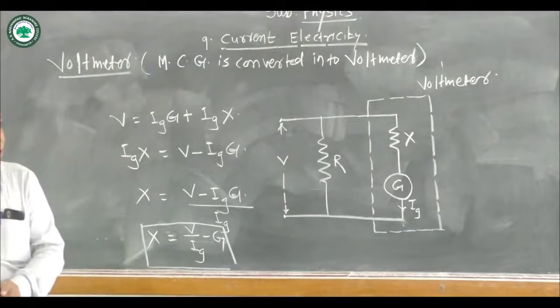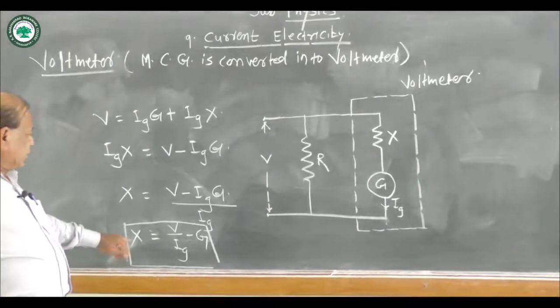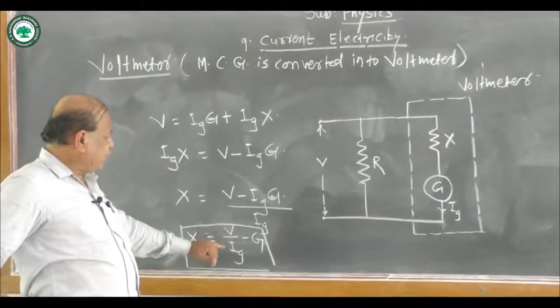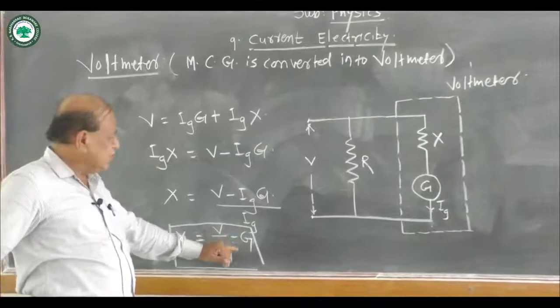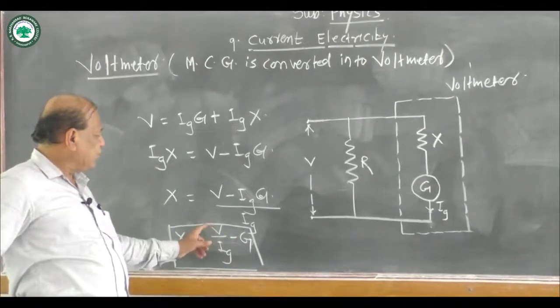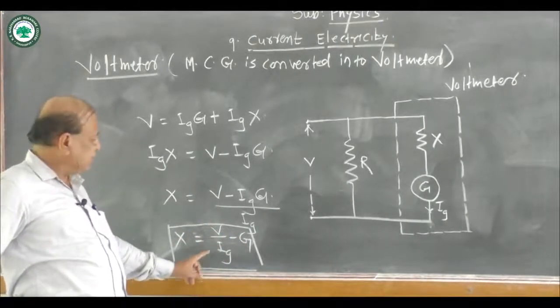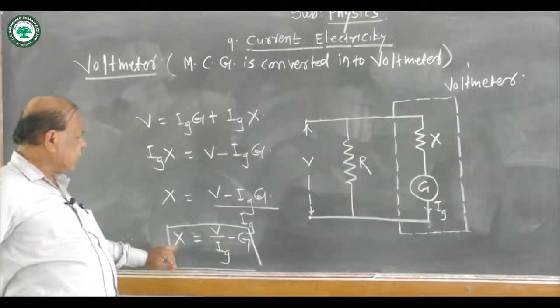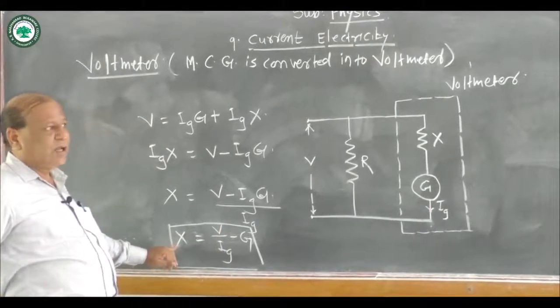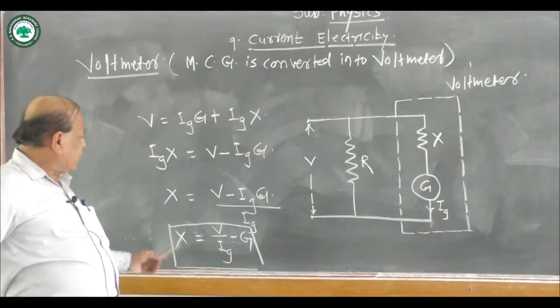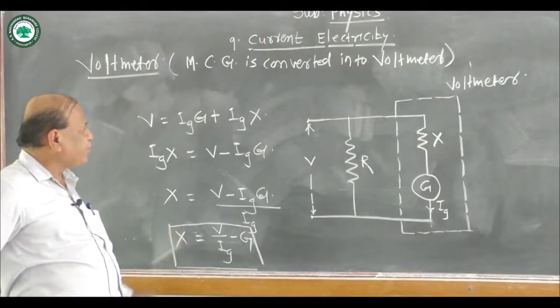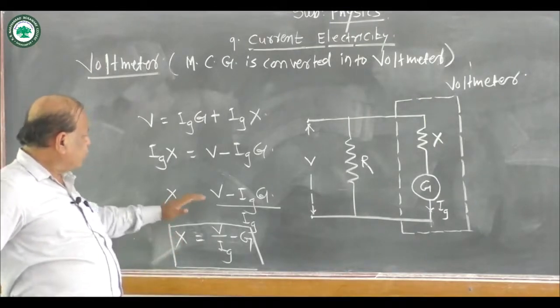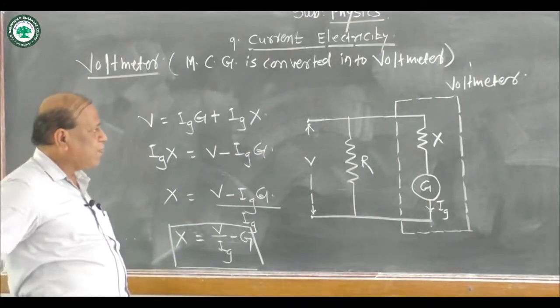Now the value of resistance X is V by Ig minus G. Putting the values of V, G and Ig in this equation, we can calculate X. And now a suitable value of X is found with the help of this formula.